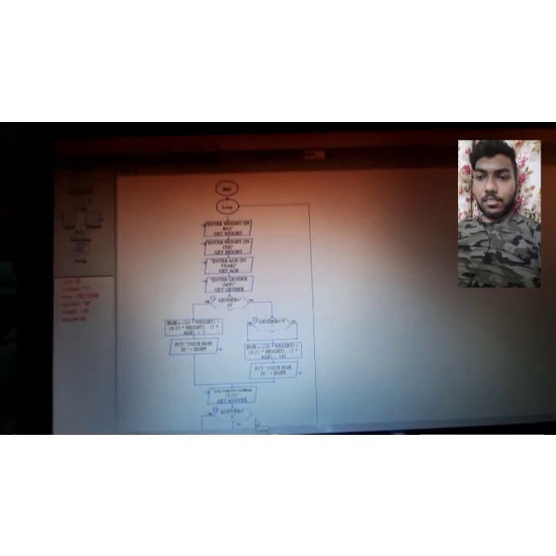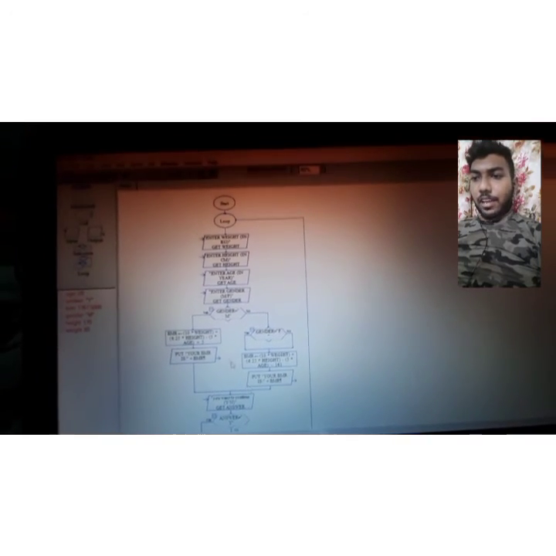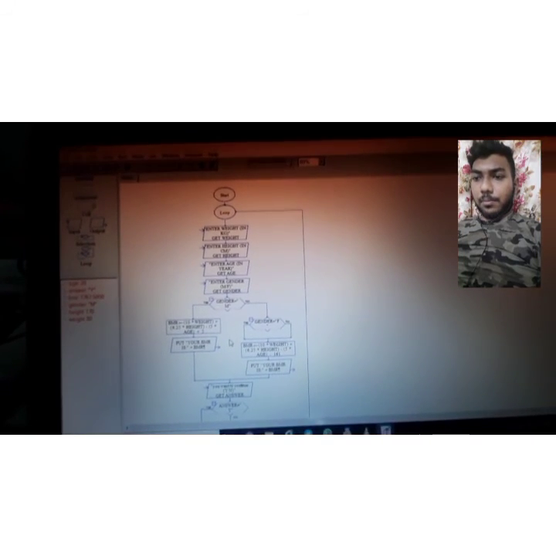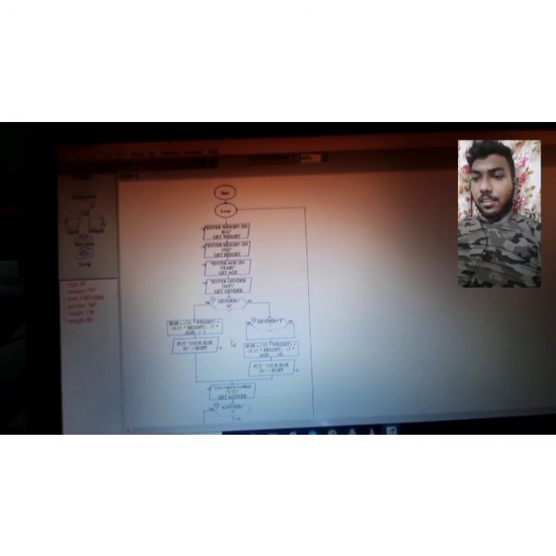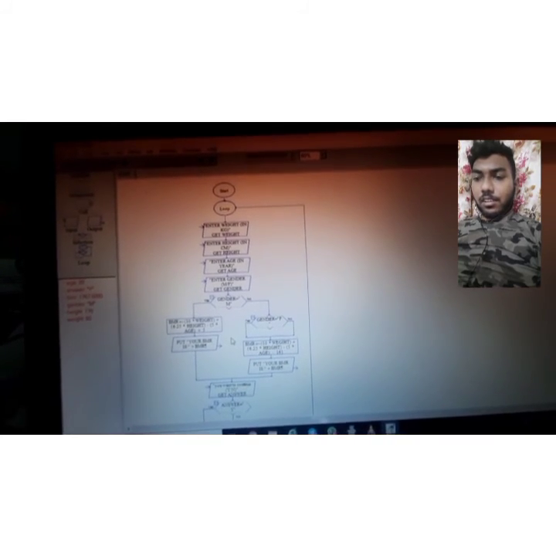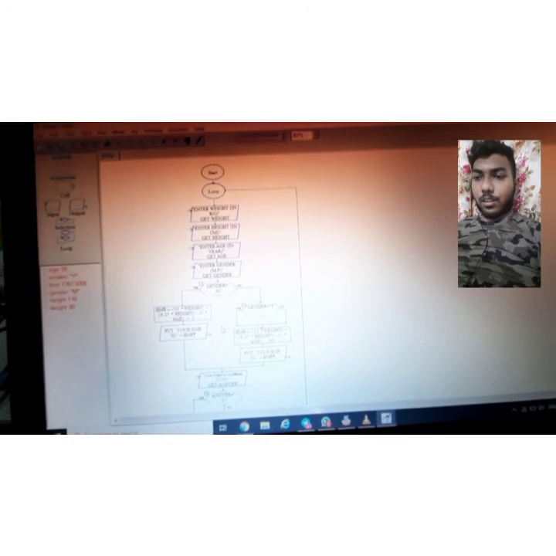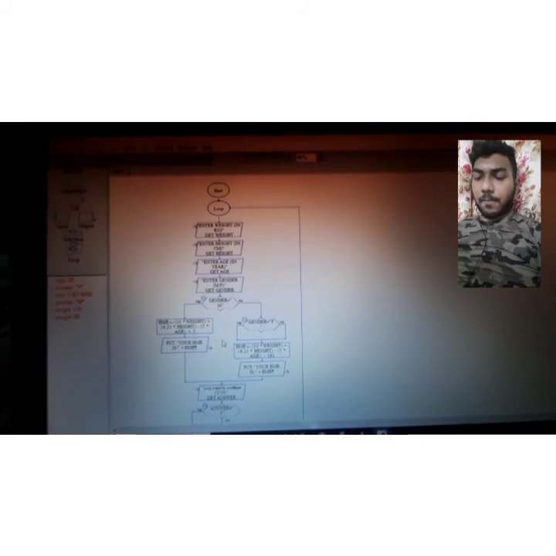This is my process, and the output is your BMR. For gender F, female, the process is 10 times weight plus 6.25 times height, minus 5 times age, minus 161. This is the process, and the output is your BMR again.